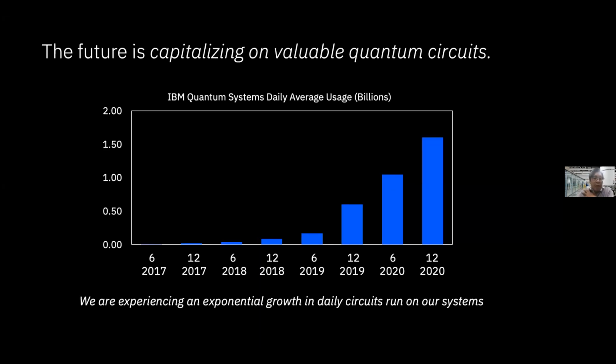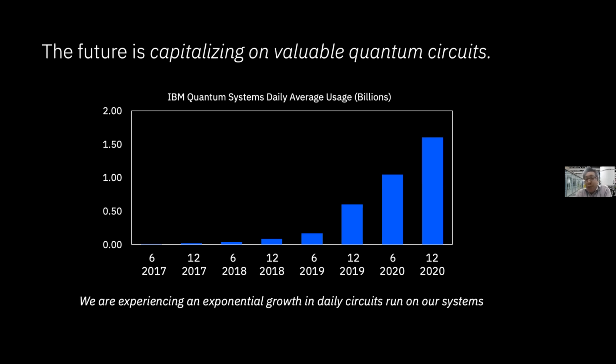An interesting thing that we have, especially with our systems, which we have released and maintained online since 2016, is to measure the usage and consumption level of quantum circuits. What we've seen is effectively an exponential growth in the total number of circuits run on our systems, to the point that we're now driving over 2 billion circuits a day.